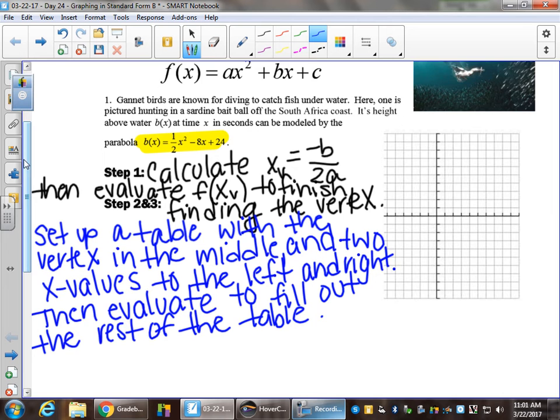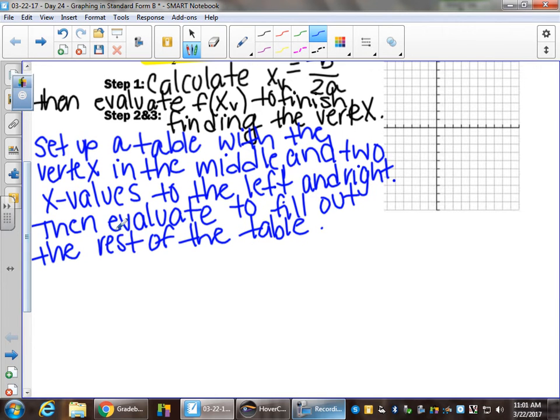Okay, so based on the 2 steps that we just wrote, what am I going to do first? Calculate what? The x value of the vertex. So looking at my function, what numbers am I going to fill in for b and a?